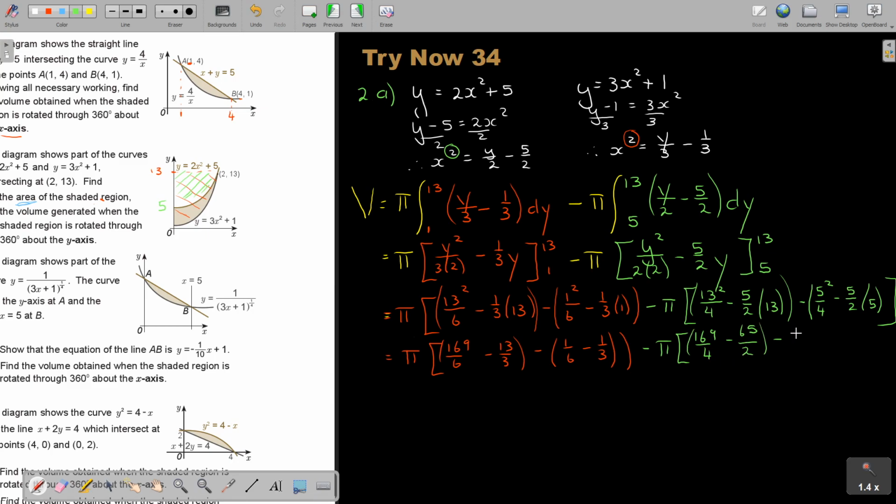Again, this minus 25 over 4 minus 25 over 2. And if I simplify this, in this bracket it's going to give me 23 and 5 over 6 minus, and that will be negative 1 over 6.